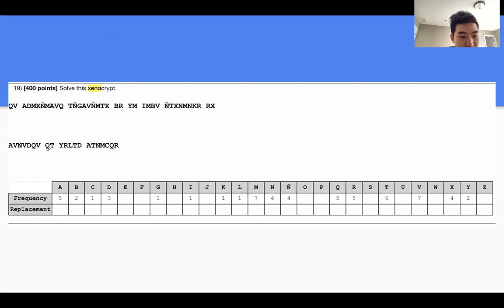I guess it could be lay here, but the thing is, is T common? Let me see. Yeah, it's common enough, but where does it happen in the words? Here. I mean, D has to be S or N then, and then, hmm.